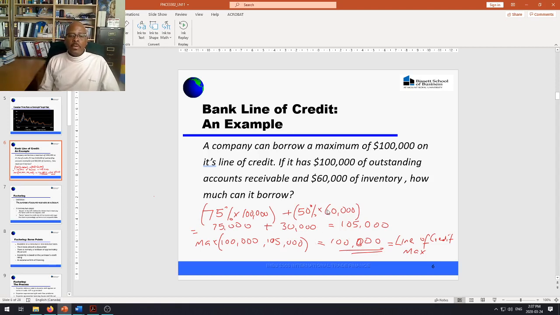Now note that if your inventory fell from 60,000 down to 40,000 and you had borrowed this maximum amount, then the maximum you could borrow under the new conditions would be 50% of 40,000 and 75% of 100,000, which would be 95,000.